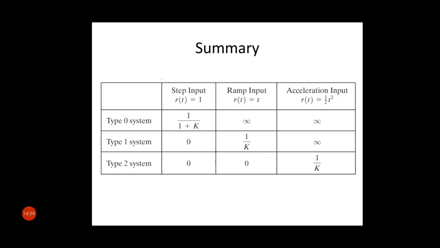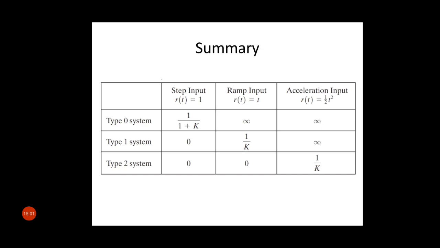So see, here I have summarized all of today's lecture in this table, and here I have considered only 3 types of system: type 0 system, type 1 system, type 2 system. For type 0 system if we apply step input then steady state error is 1 by 1 plus K, and if we apply ramp input then steady state error is infinite, and for acceleration input this is also infinite.